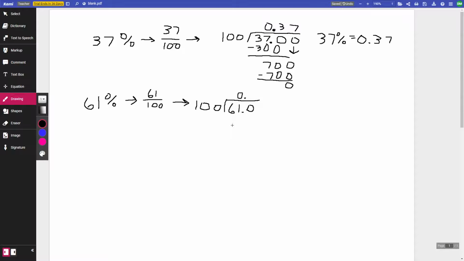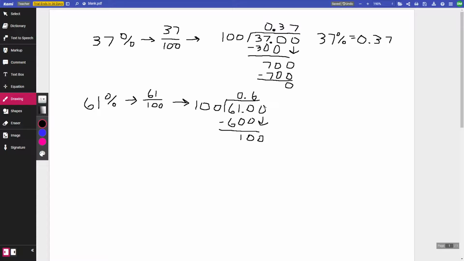So 100 goes into 610 6 times. So that's going to give us a 600 here, which we will subtract, which leaves us with a remainder of 10, so we're not quite done yet. Add another 0, and we will bring that 0 down.